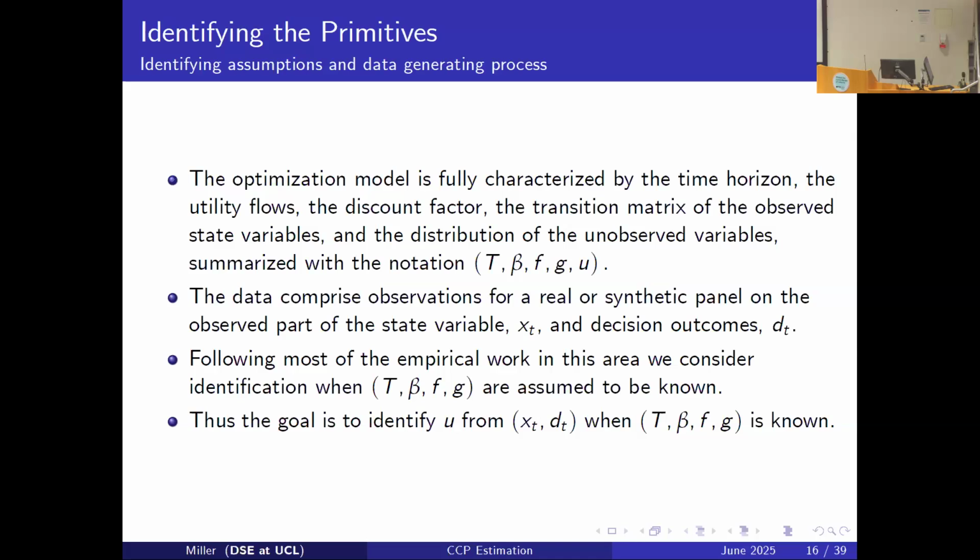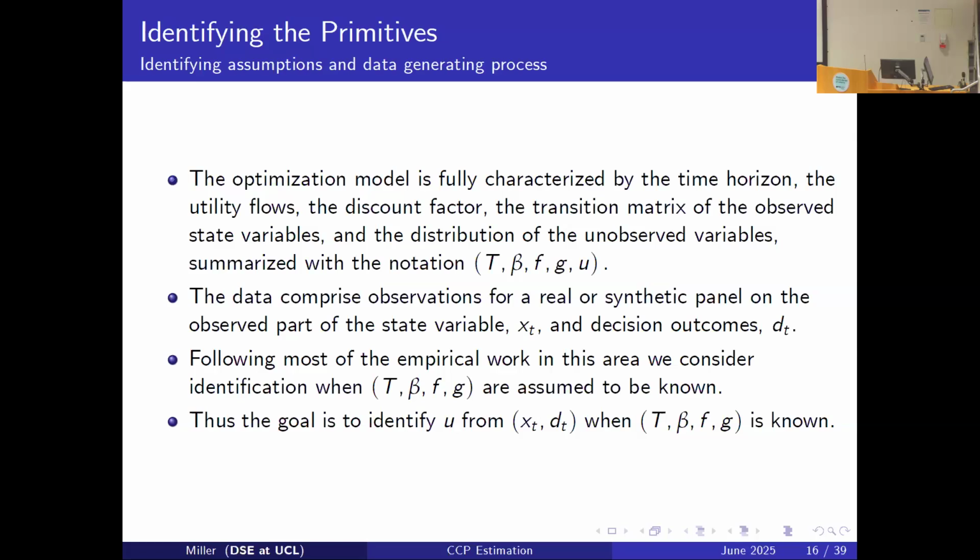The G, we're going to assume is type 1 extreme. We don't have to assume it's type 1 extreme, but we assume we know it. Not just know it up to a parameter, but know it. If we only know it up to a parameter, we're going to see that we have to know something else instead in order to identify the model. You want to relax something? Well, you have to give up something sometimes.